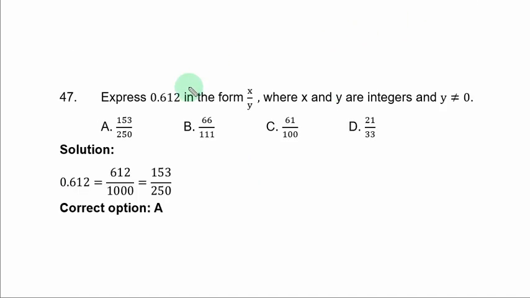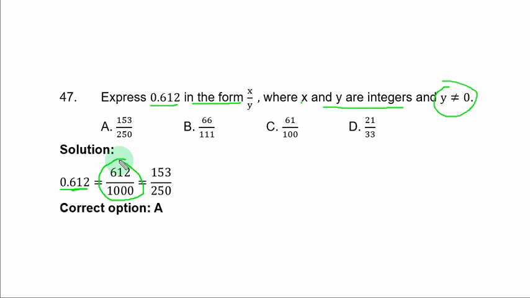Question 47. Express 0.612 in the form x over y, where x and y are integers and y is not equal to 0. So you simply convert this decimal number to an ordinary or common fraction, and that is simply 612 over 1000.